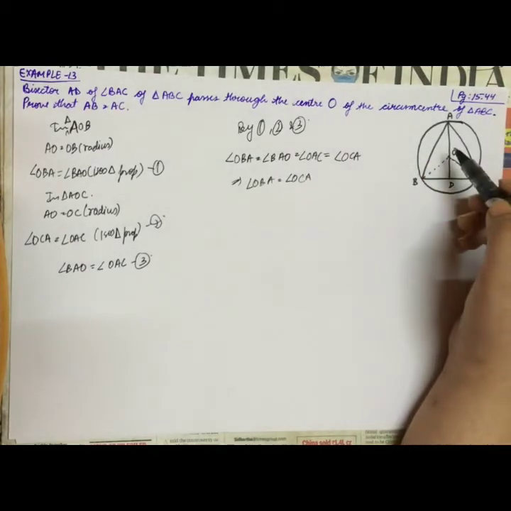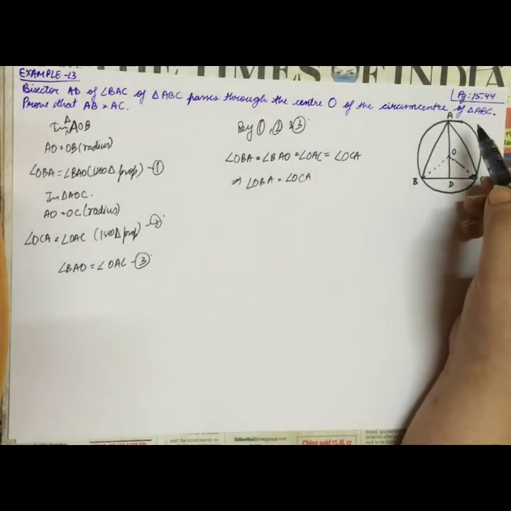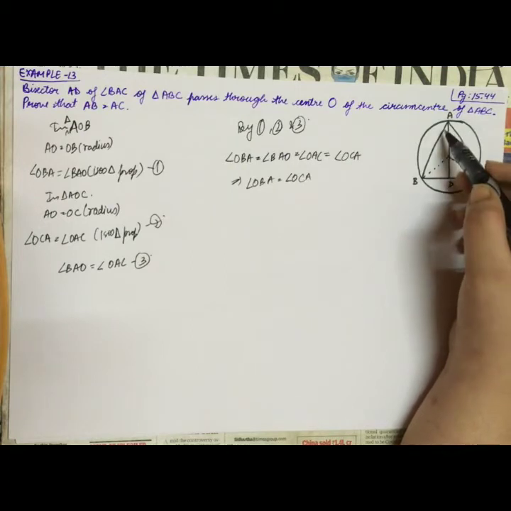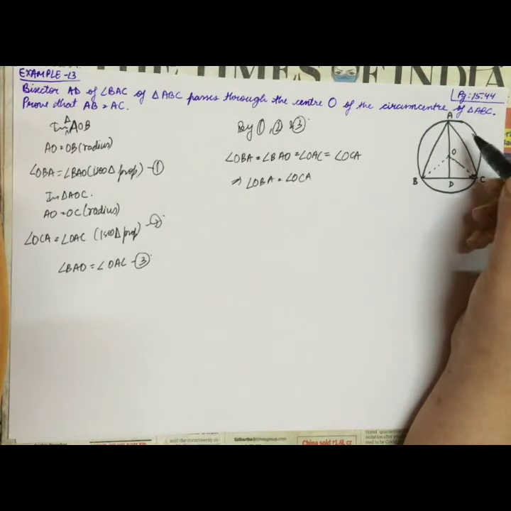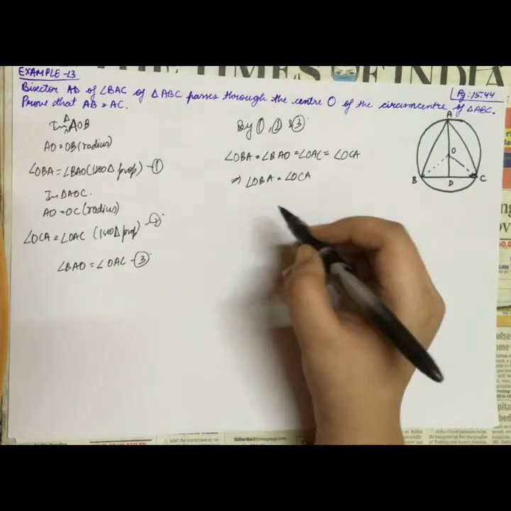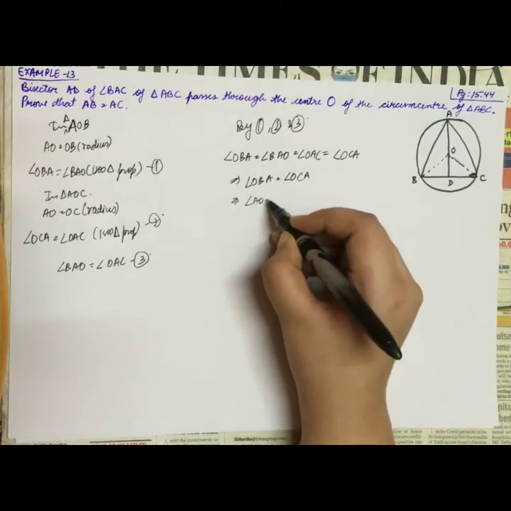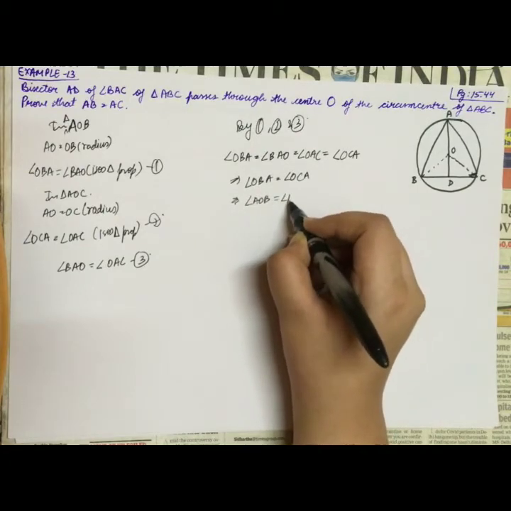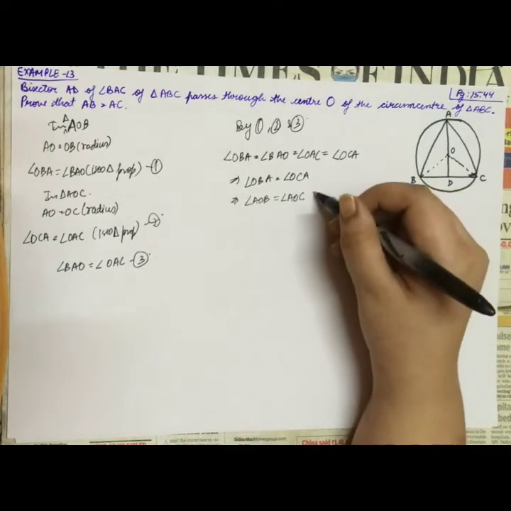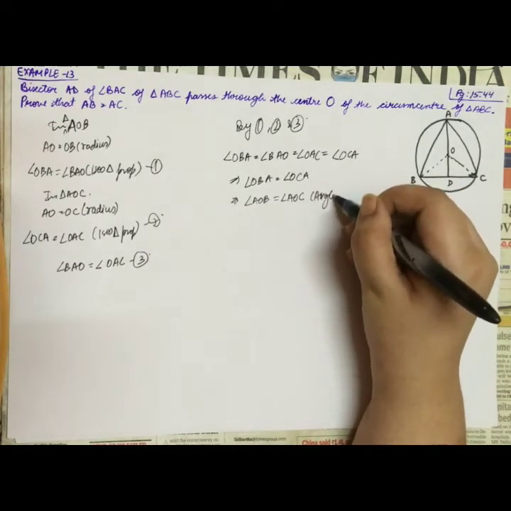Now since in these triangles angle OBA and angle BAO are equal, and in this triangle OCA and angle CAO are equal, therefore we can say that angle AOB is equal to angle AOC by the angle sum property.